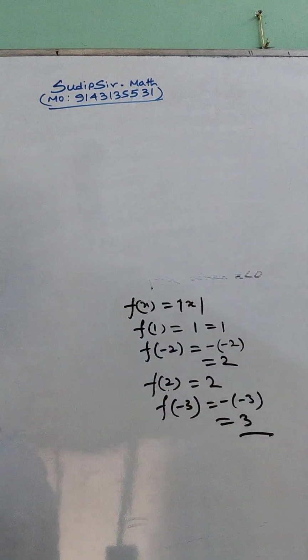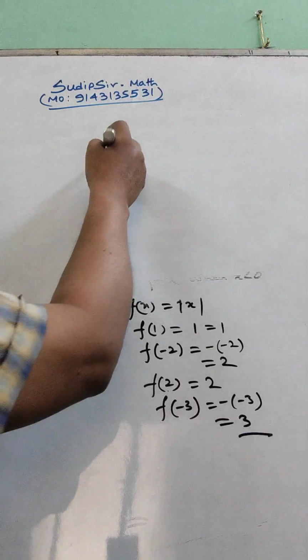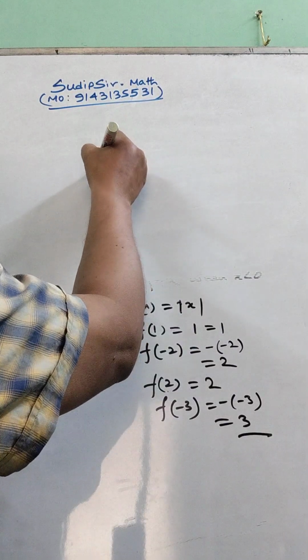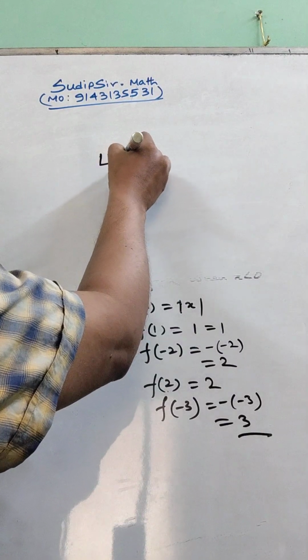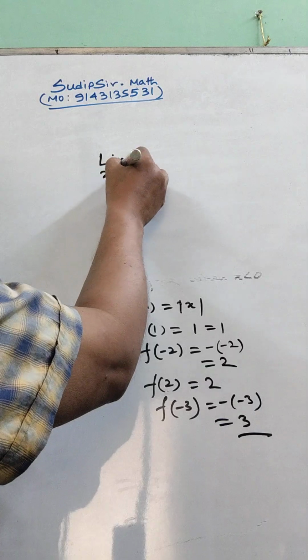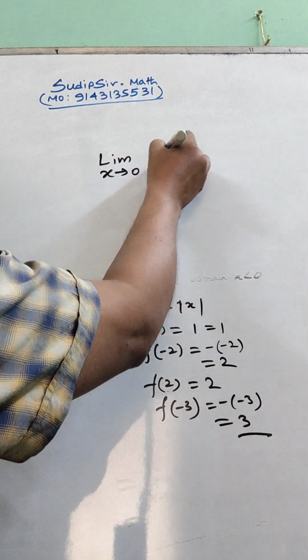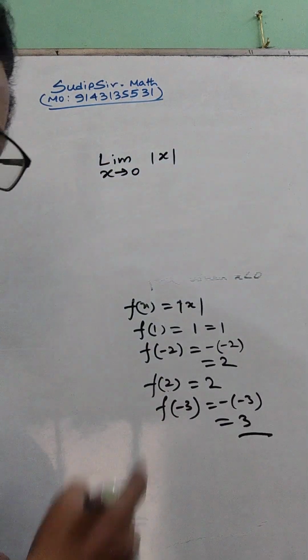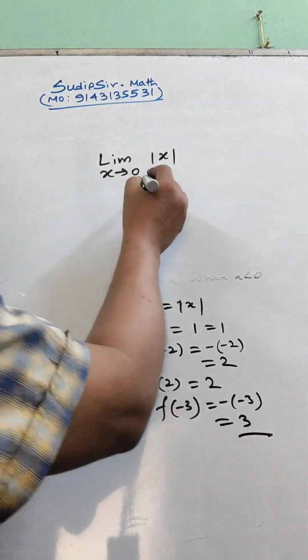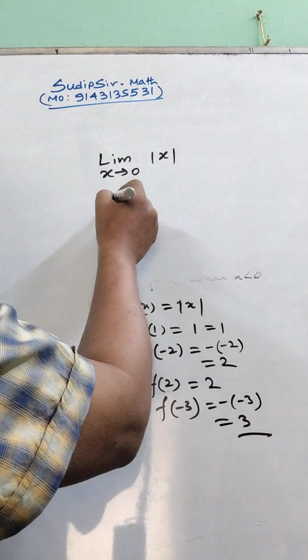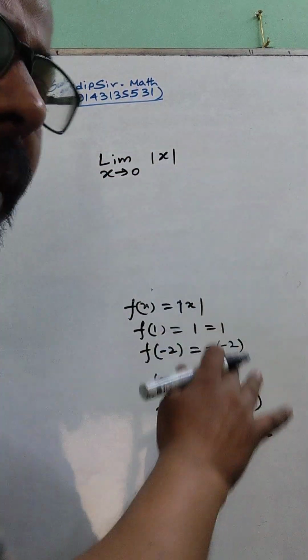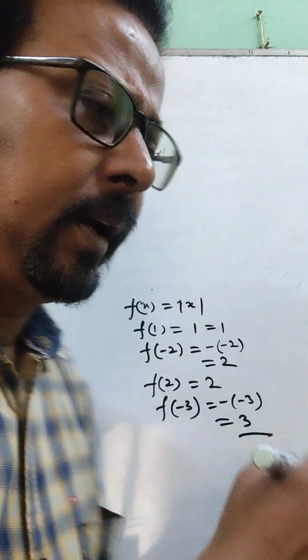Okay. Now using this, suppose you have to find limit x tends to 0 of mod x. Now for this we have to check LHL and RHL.